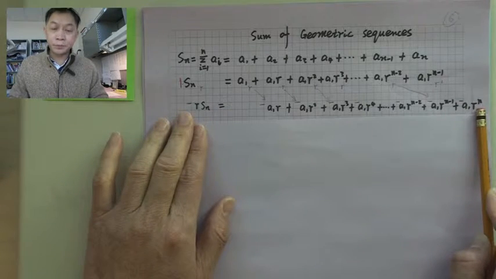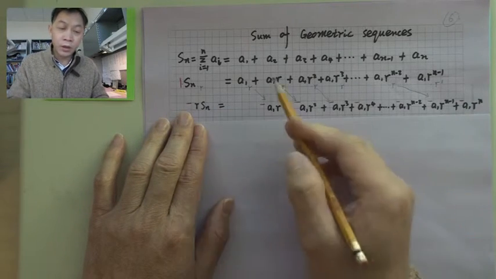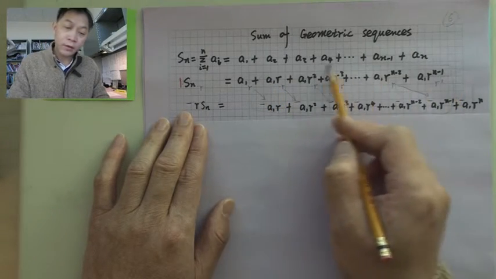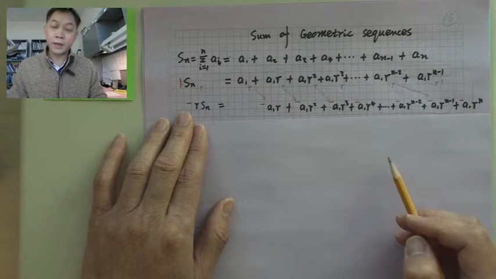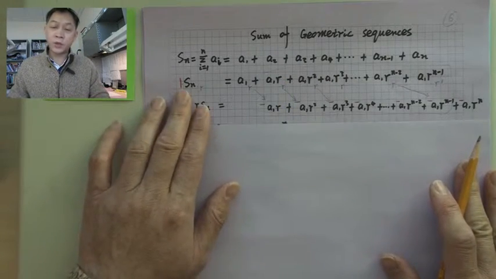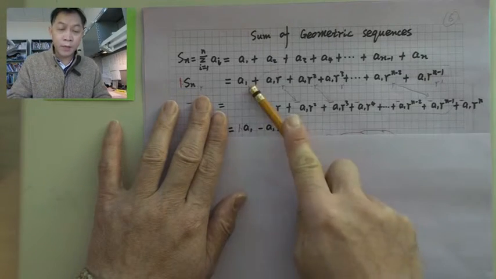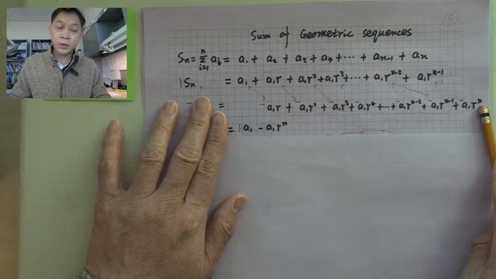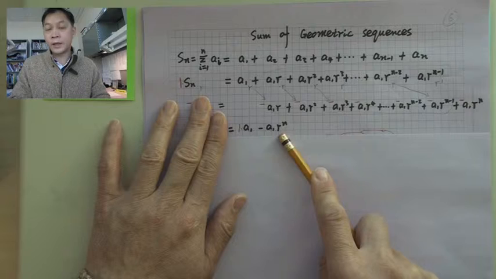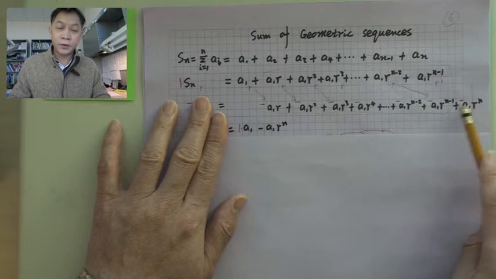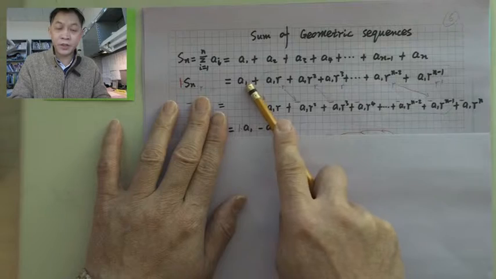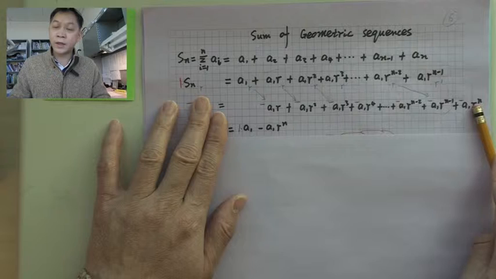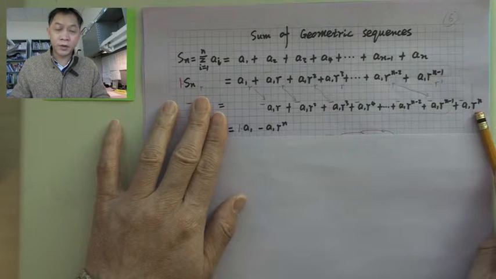If you do the subtraction, all those terms in the middle cancel each other. That's the tricky part. So all the terms left over is what? Is A1 minus A1 r to the n. So on the right hand side, you only have the first term from the first expression, and the last term with a minus in front of it from the second expression.